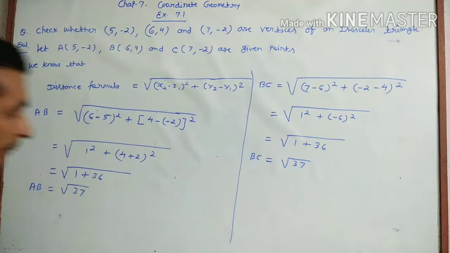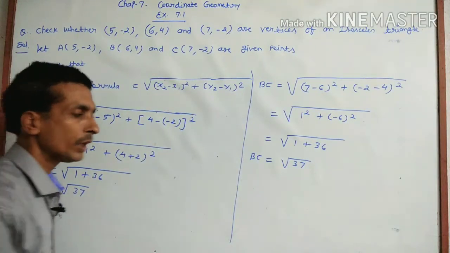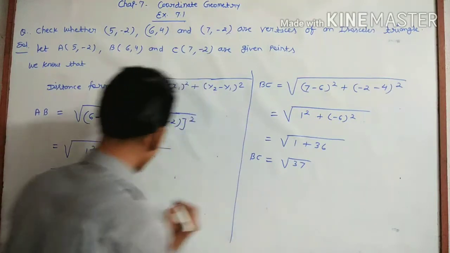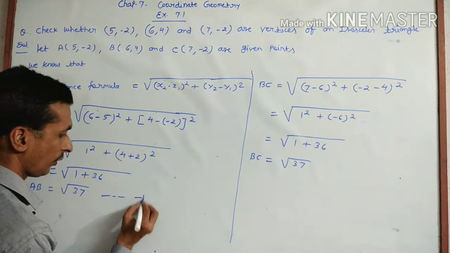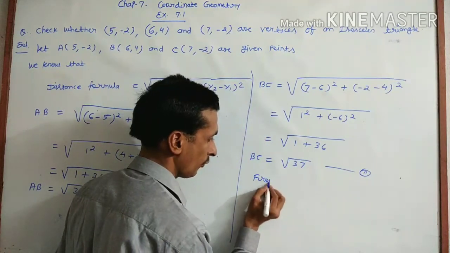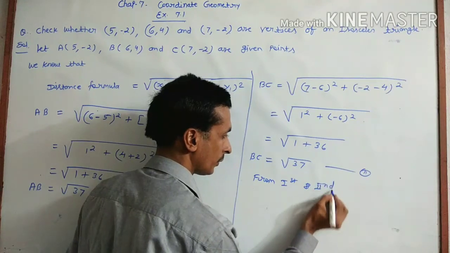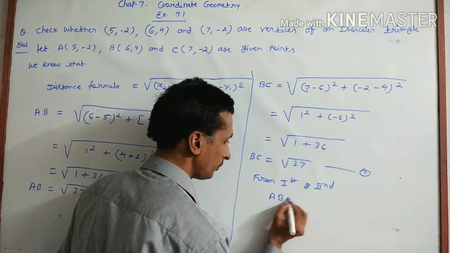Now you can see AB equal to root 37 and BC equal to under root 37, both are equal. So from first and second, AB equal to BC.